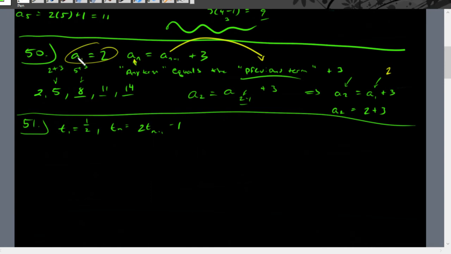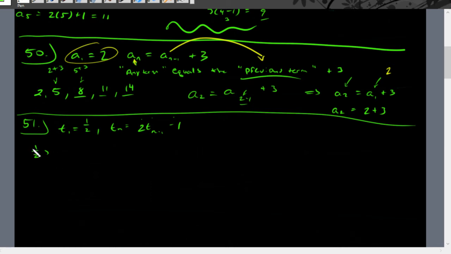This is actually like sequence A, where you're finding the first term, second term, third term. This represents the sequence that would be called T. So it's still a sequence, and the first term is still a half. And then to get the next term, you take 2 times the previous term minus 1.